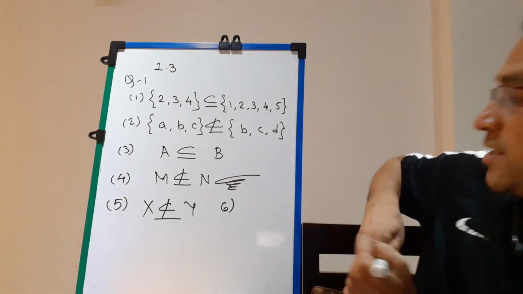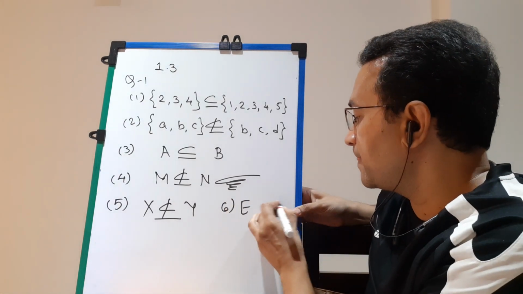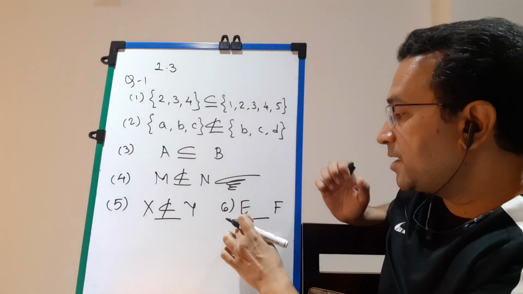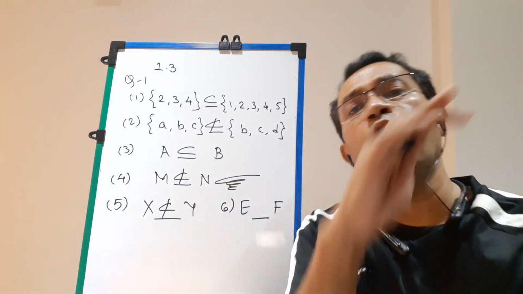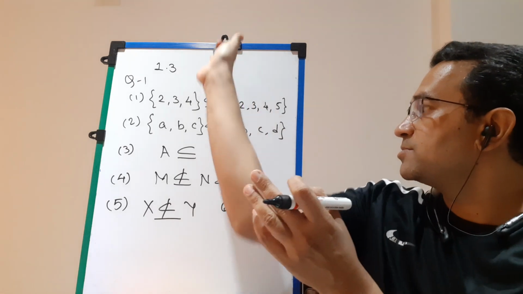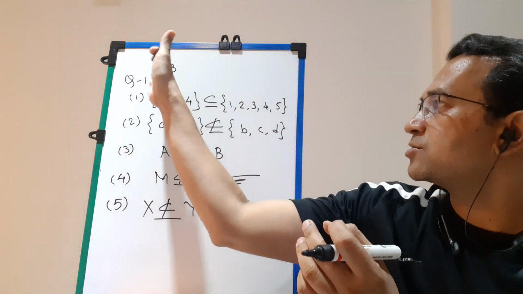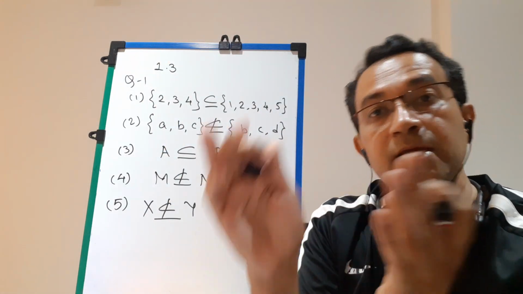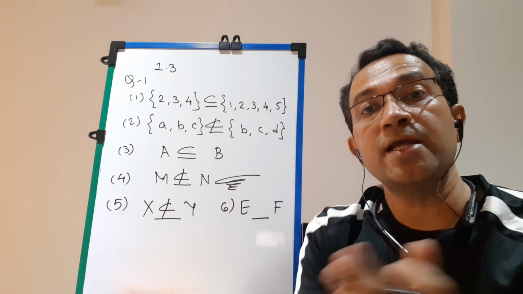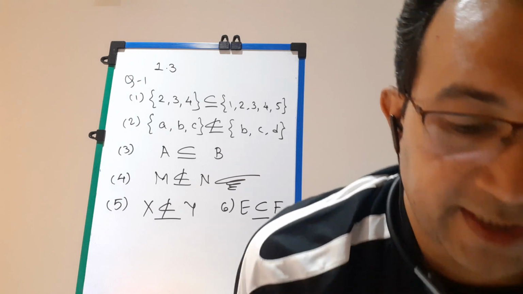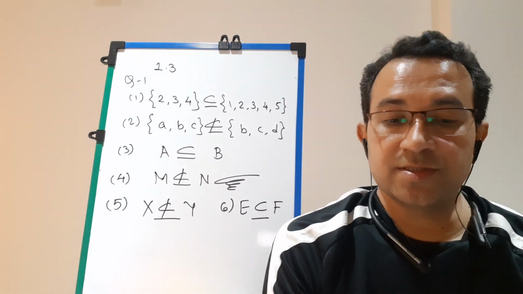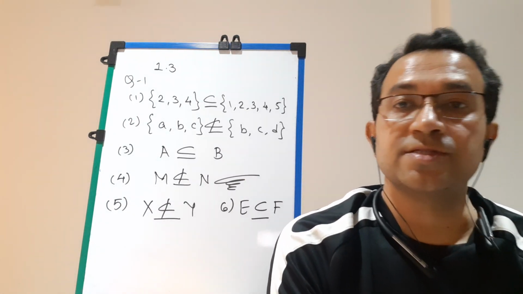So if I name the sets as E and F, set E is the set of equilateral triangles and set F is the set of all triangles in a plane. So this is my plane and my set F consists of all triangles in a plane. In that, all triangles, equilateral triangles are included. So here, students, the relation is subset.